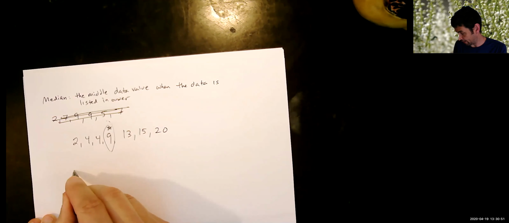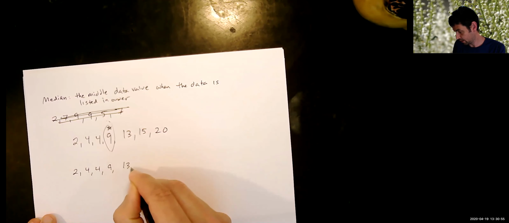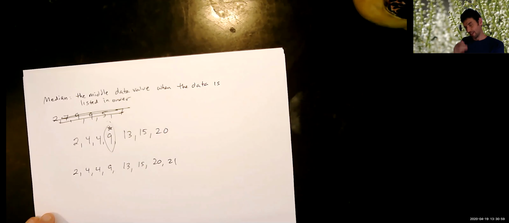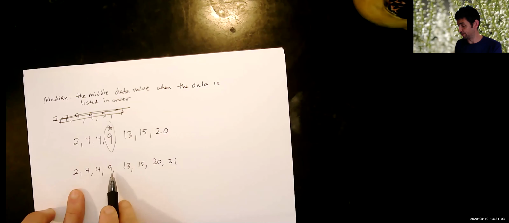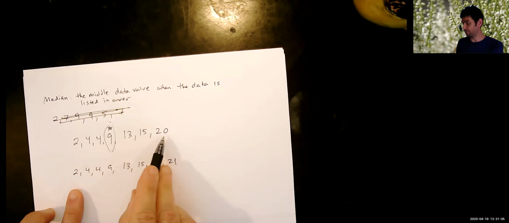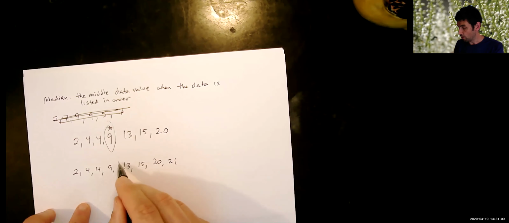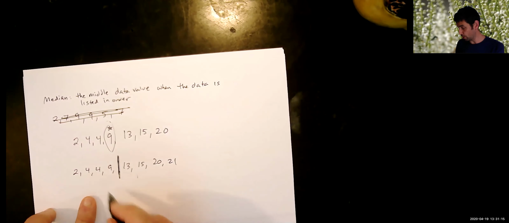Let's look at the similar list of data, except we'll add one. Now we have 8 pieces of data. There is no middle number, right? Here I could split it with 3 above, 3 below, but because there's an even number of data, I can't do that. What I do instead is I split the data. Notice there's 4 above and 4 below, and I take the average, the mean of these 2 pieces of data.